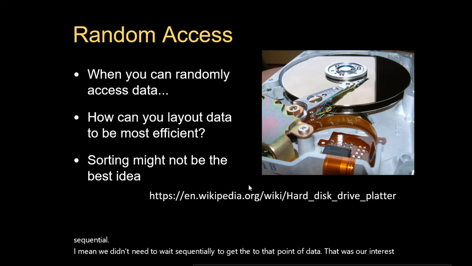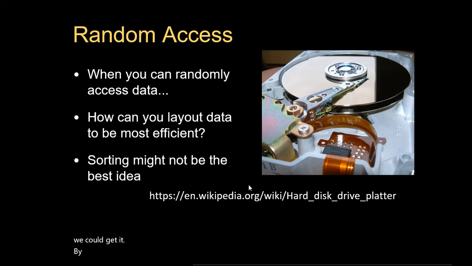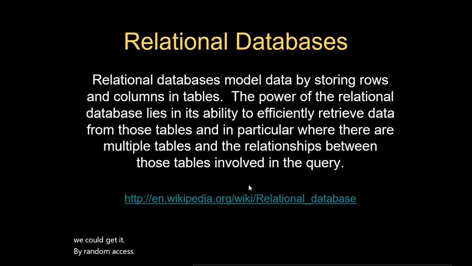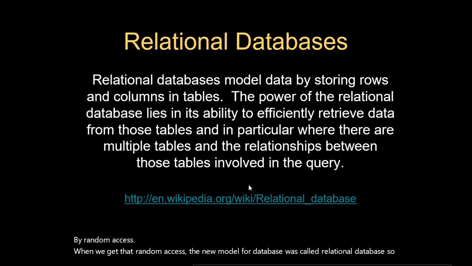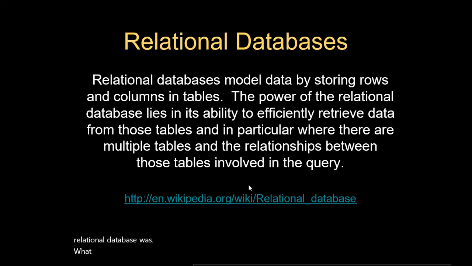We could get it by random access. With random access, the new model for databases was called the relational database. The relational database brought the power to deal with a large amount of data and efficiently retrieve it, manipulate it, and store it in the way that we wanted to.